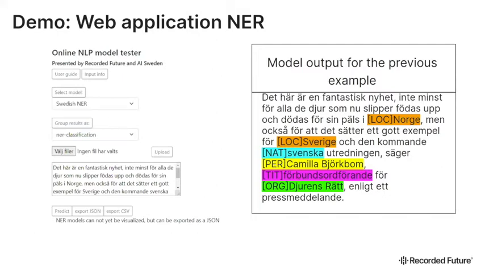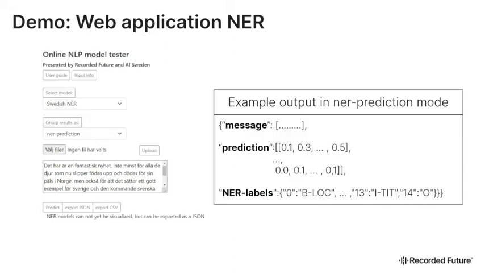You just select your model, select how you want your results to be presented. You then either upload a file or use the free text input, then just press predict. In this case, this is our idea on how we want to present the classifications from the NER models. But if you're not interested in the classifications, but instead the raw confidence scores, then we of course have full support for that in both the web app and the API.